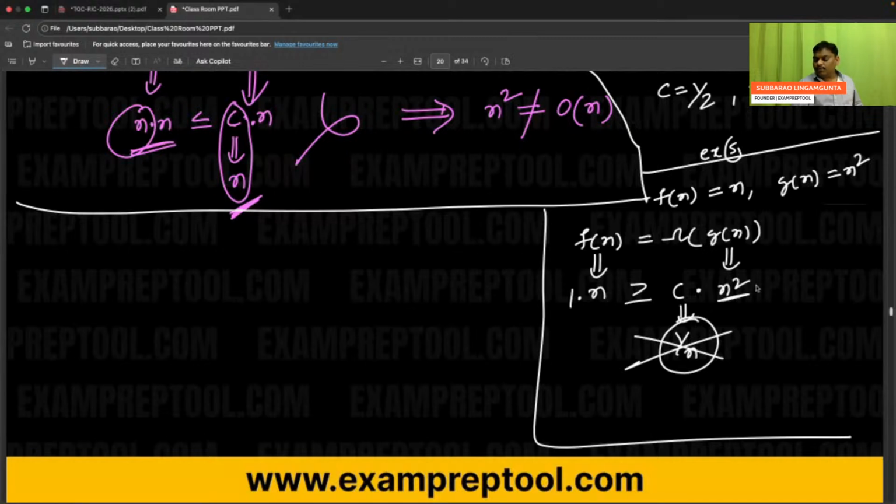With the help of C, you cannot make something smaller that is bigger by n times. It's not possible. So the final conclusion is, F of n is n, and it is not omega of G of n, which is n square. It is not correct. So this is example 5.